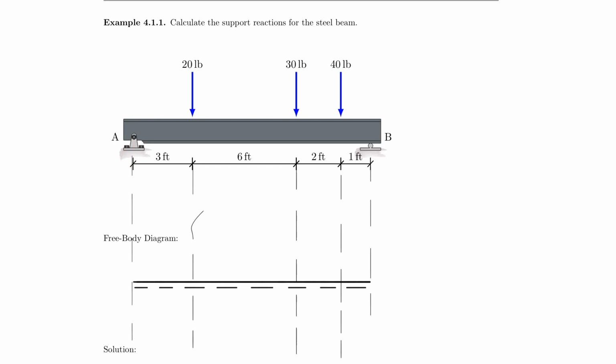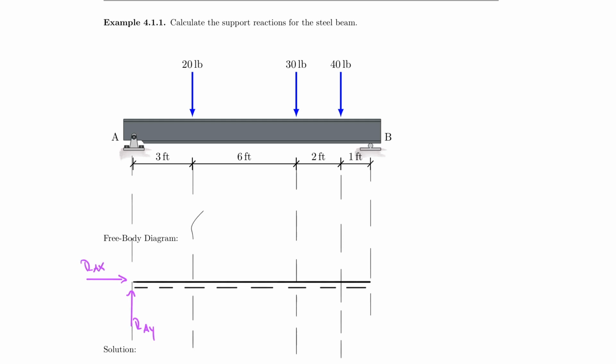In other words, we actually have to represent the forces in our free body diagram now. So obviously I need a force that is acting in the vertical direction. I call that RAY. But because it's a pin, right, I also have to add a force in the horizontal direction, and I call that RAX.